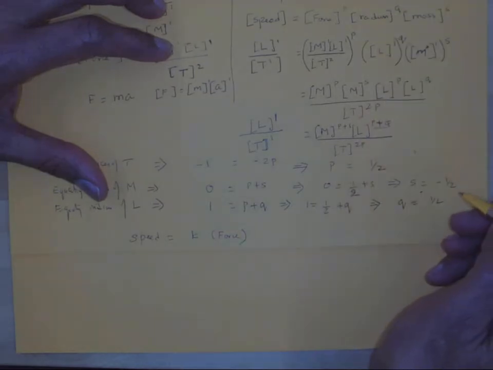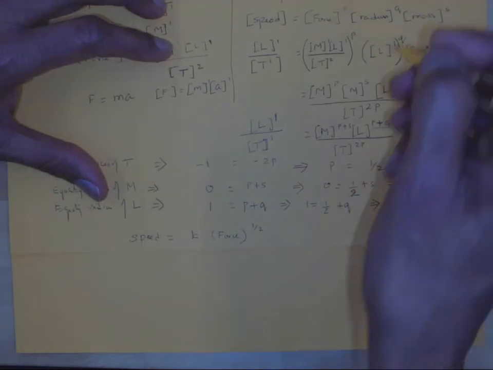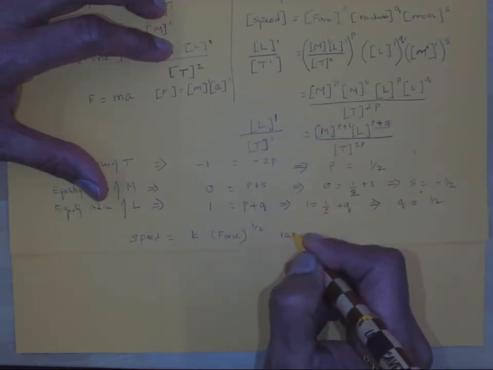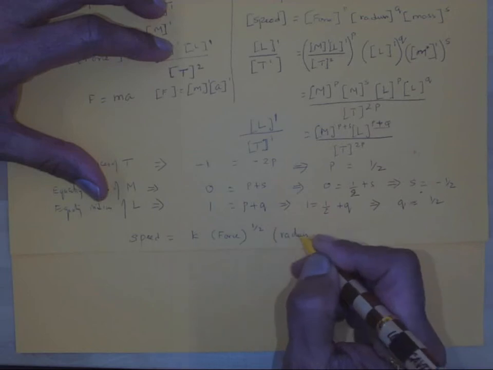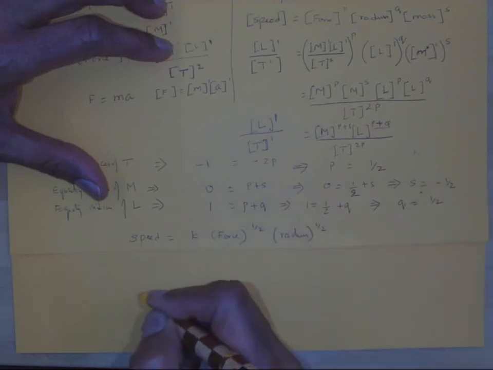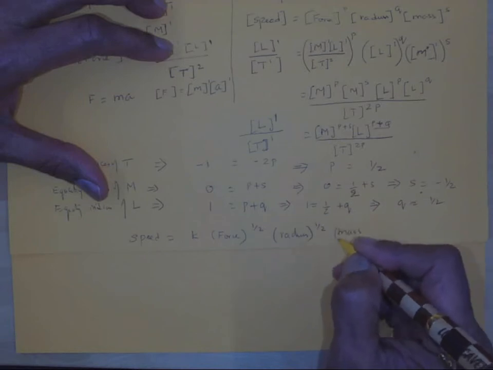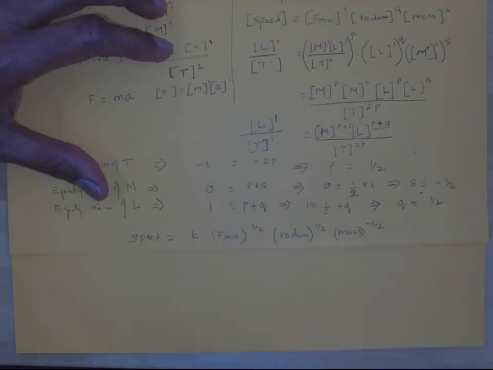What is p? 1/2. Radius raised to q, which is 1/2. And mass raised to s. So mass raised to negative 1/2.